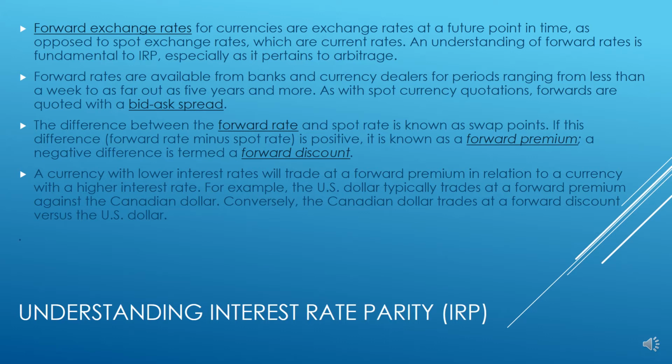A currency with lower interest rates will trade at a forward premium in relation to a currency with a higher interest rate. For example, the US dollar typically trades at a forward premium against the Canadian dollar. Conversely, the Canadian dollar trades at a forward discount versus the US dollar.